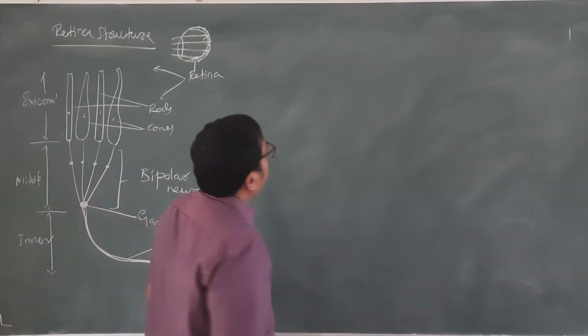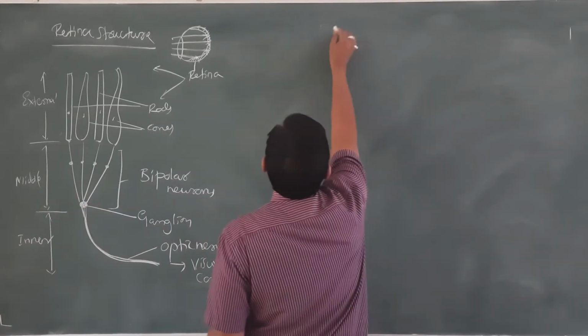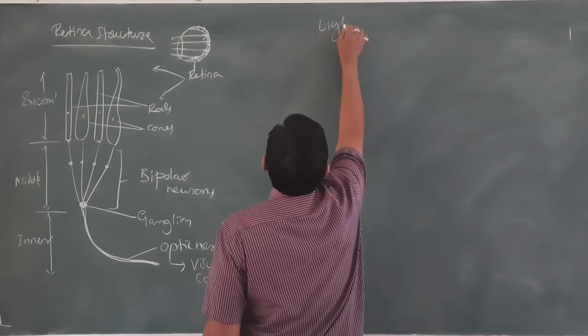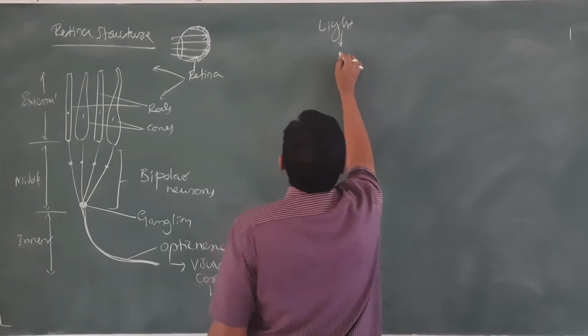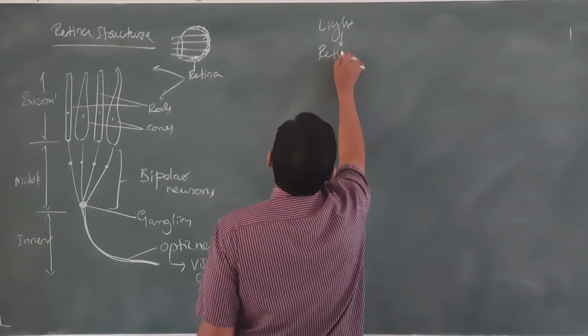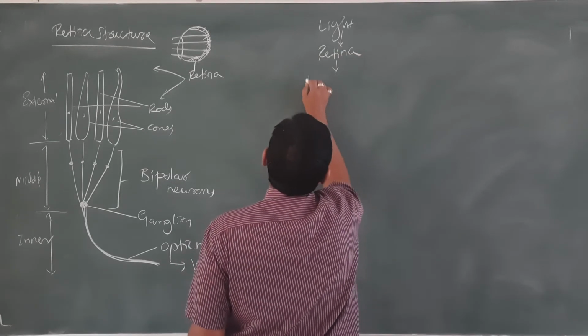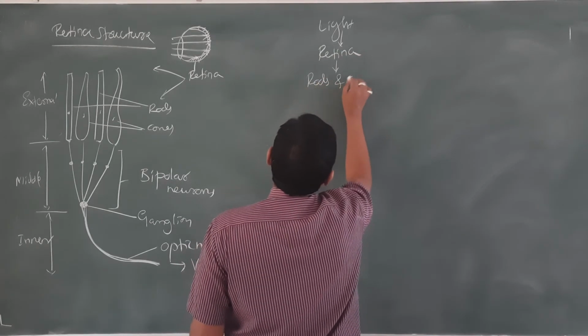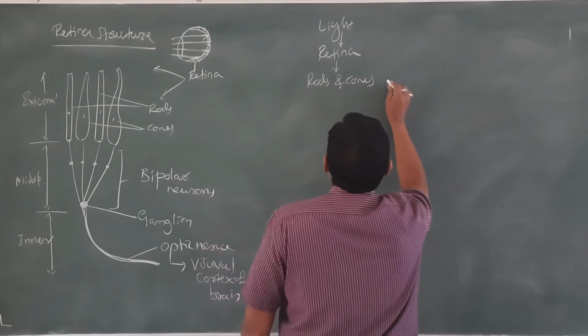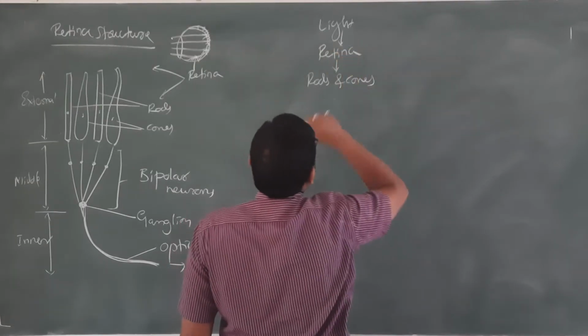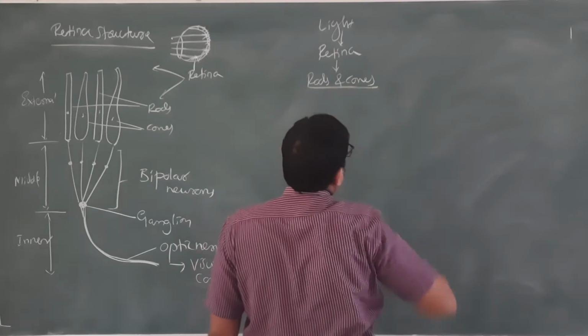When light falls on the retina, it reaches the rods and cones.